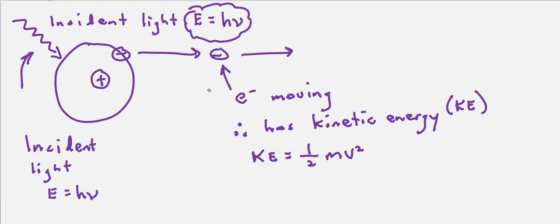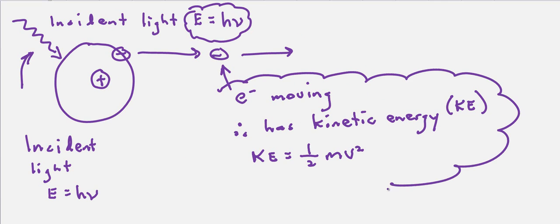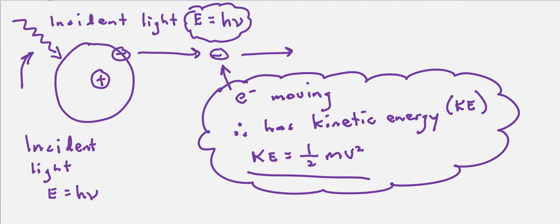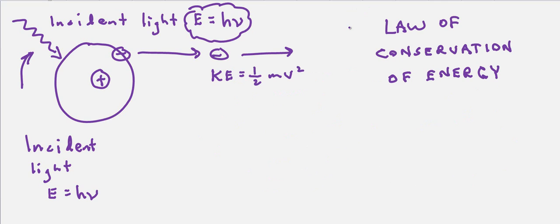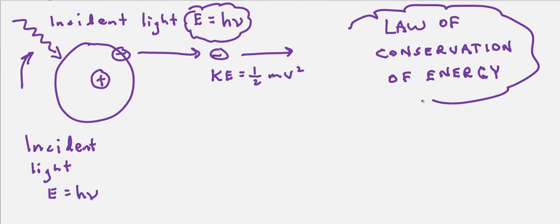Now, because the electron that's ejected is moving, the electron possesses kinetic energy, which is 1/2 mv squared. Now, because of the law of conservation of energy, we can figure out the energy that's holding the electron to the nucleus.